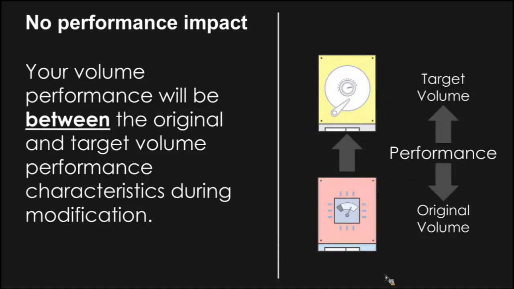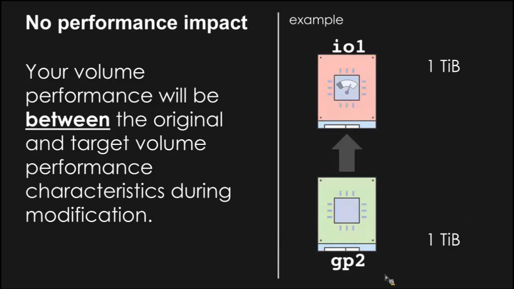So when I say no performance impact, what does that mean? It means there will be no performance impact as a result of this process. The volume performance that you see is going to be in between the original volume performance and the target volume performance. Let's go into that a little deeper.